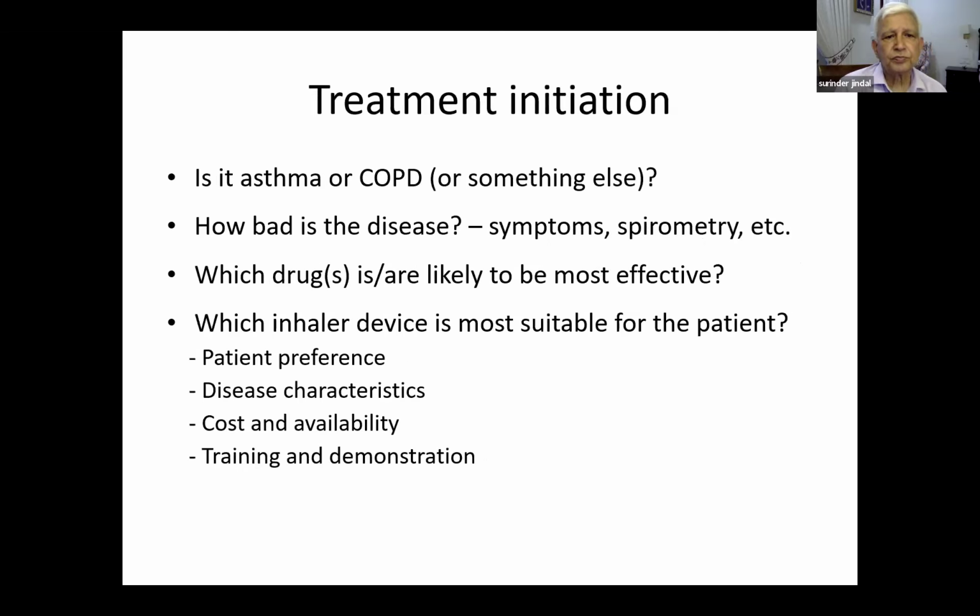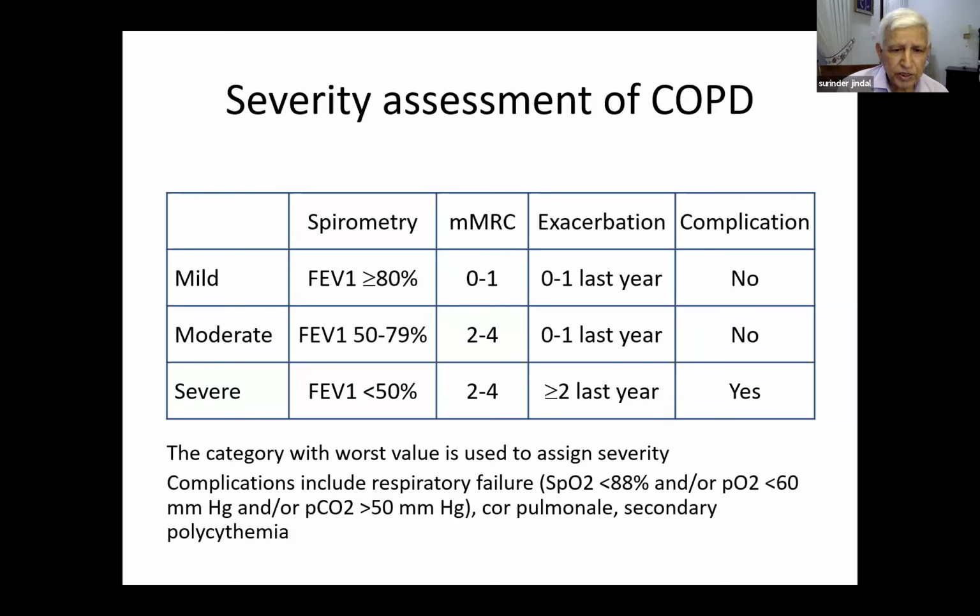And generally, that's the standard categorization of severity. As I said earlier, it is done with the help of spirometry and the degree of breathlessness, the presence of exacerbations or other complications. And normally we say it's mild, moderate, and severe COPD.